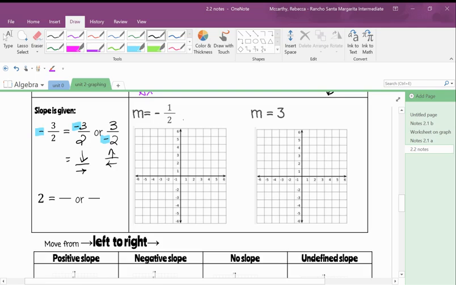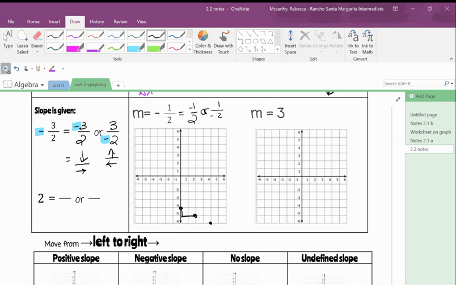So now let's take this one here. I'm going to pick a point, some random point, and it has a slope of -1/2. So I could write it as -1 over 2 or 1 over -2. So let's do this one. I'm going to go down 1 to the right 2, down 1 to the right 2.